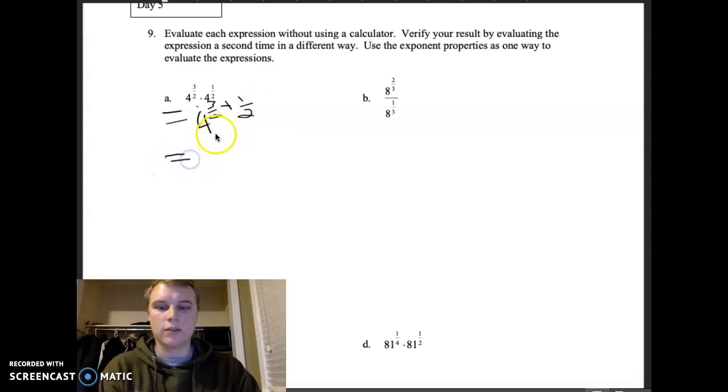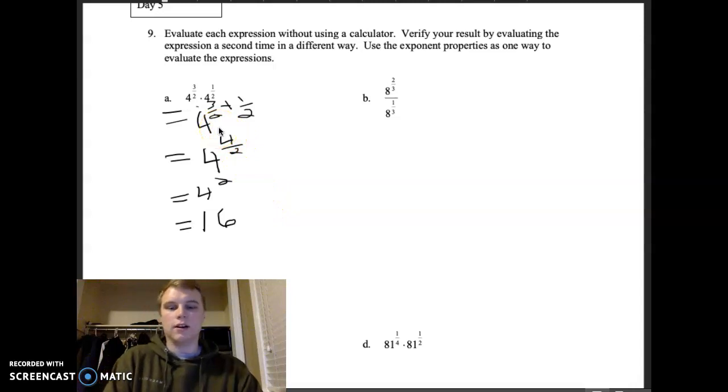And when we add our exponents, because we have the same denominators, we can just go right ahead and solve. So I have 4 raised to the 4 halves, and we should find that that's the same thing as 4 squared, which then we get 16. Okay? So that one was pretty easy.